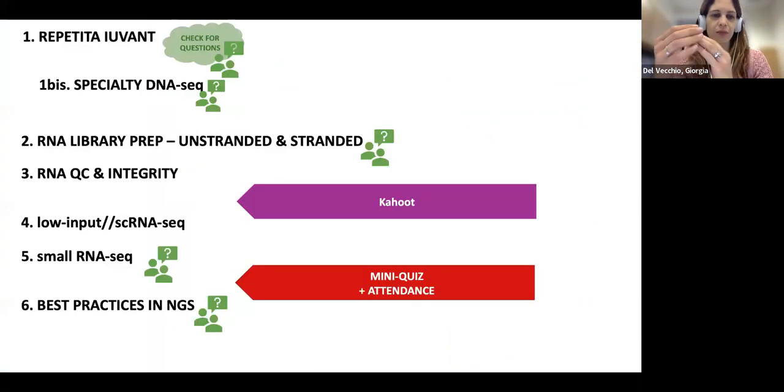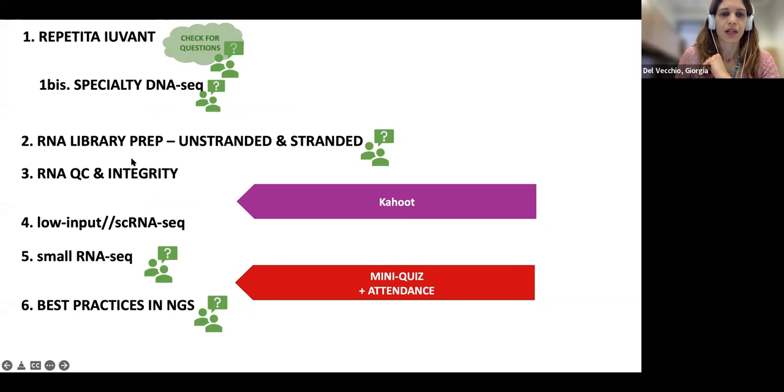Okay, so this is a more detailed schedule for today. So we have just 3 slides to summarize what we talked about yesterday. And then we have the specialty DNA library prep. And then we have RNA library prep.